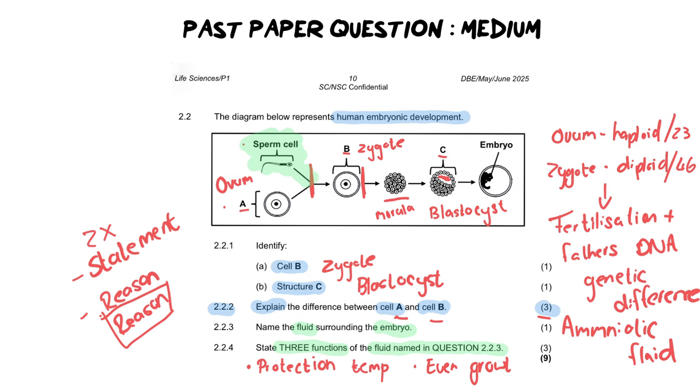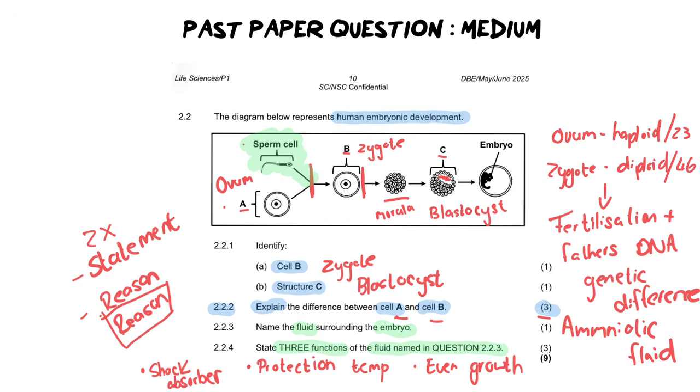In other words, the embryo is floating so that it doesn't experience the gravitational pull, so they grow evenly. It's also there as a shock absorber. Anything that is related to water or being suspended in water gives you protection because the water dissipates the shock through it. And there are actually many more that you can give.